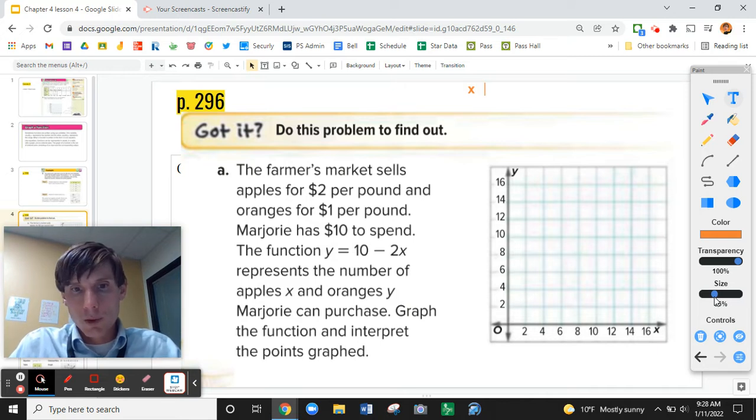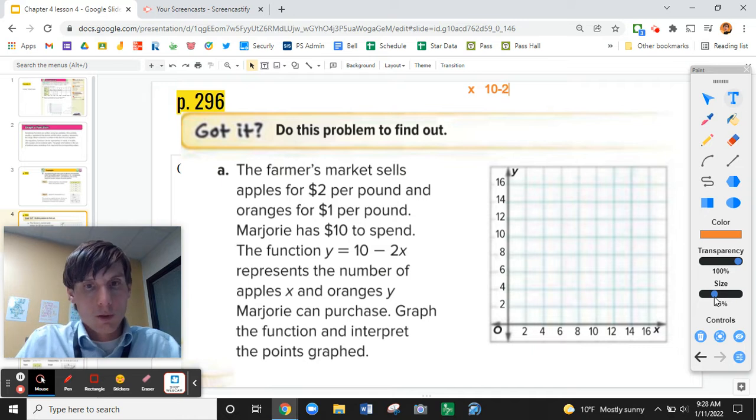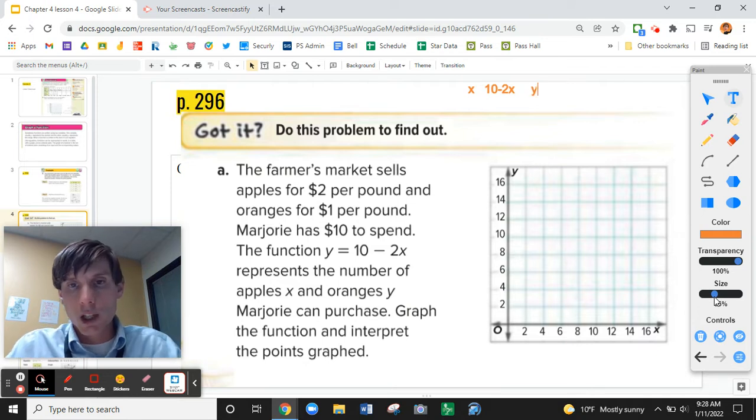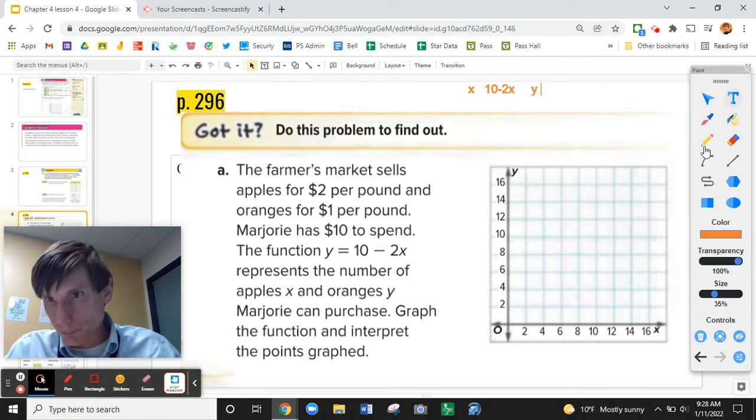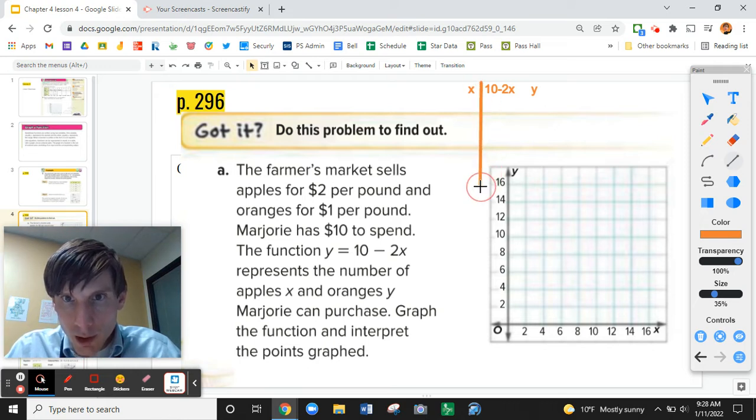In the middle of our table, we'll have 10 minus 2x. And then that is, of course, going to equal our range, which is y. These little lines through here so it looks nice and neat.